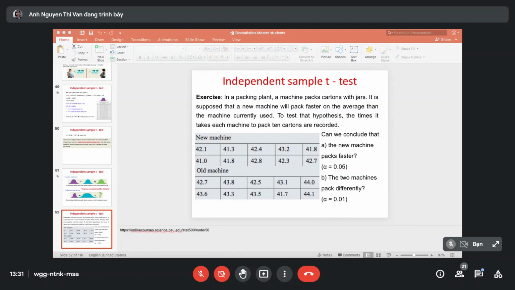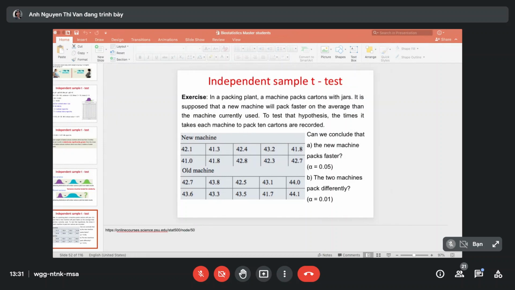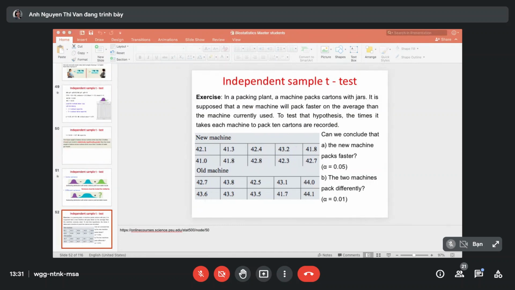For part A, I will set the hypothesis. My null hypothesis is that the new machine will pack slower or equal on average than the old machine. My alternative hypothesis is that the new machine will pack faster on average than the old machine.